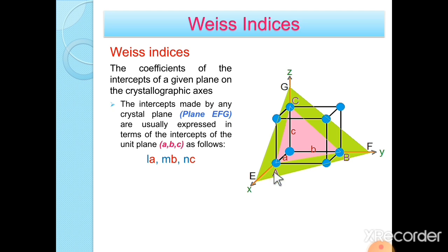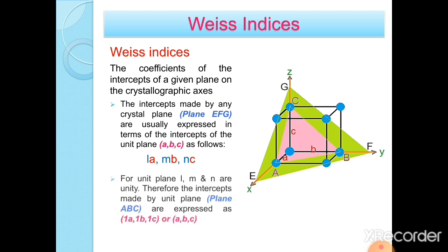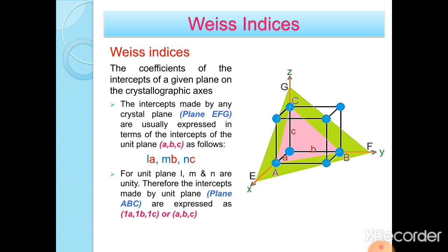These l, m and n values can be expressed in terms of a, b and c. So, Weiss indices are nothing but l, m and n values. For unit plane, l, m and n are unity. Therefore, the intercepts made by unit plane are expressed as 1a, 1b, 1c or simply a, b, c.